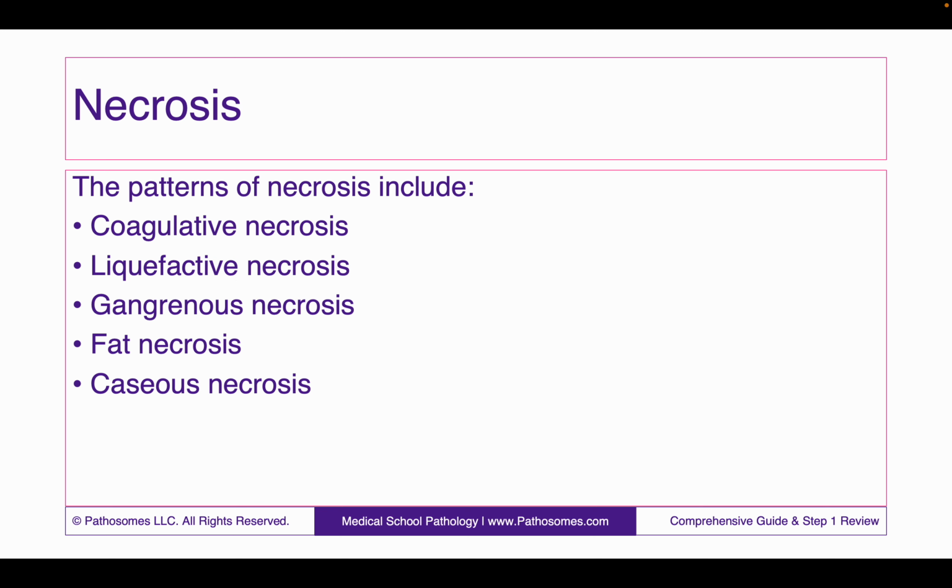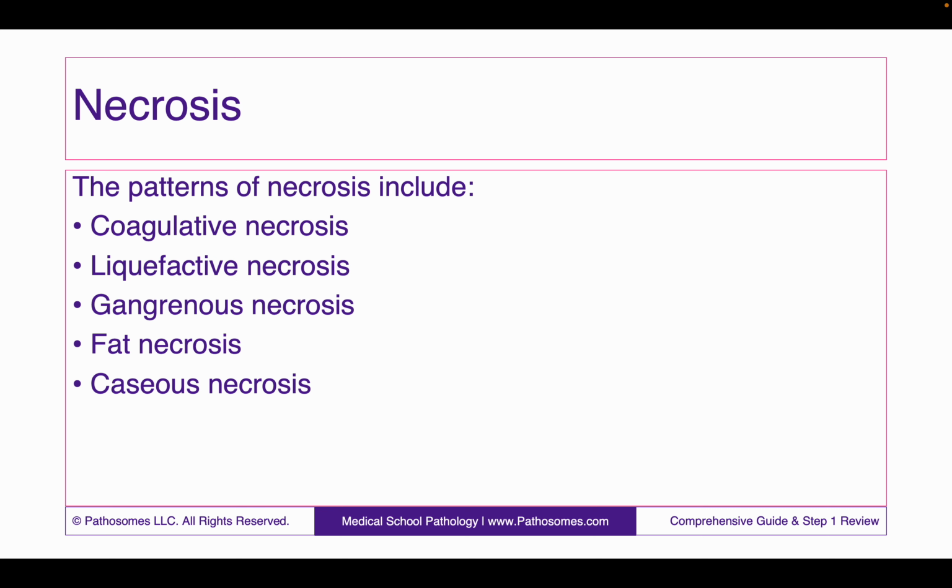Now, the patterns of necrosis include a handful of must-knows. You will definitely be tested on this, right? Coagulative necrosis, like TB. Liquefactive necrosis, such as in the case of a stroke that caused lack of blood supply to the brain.